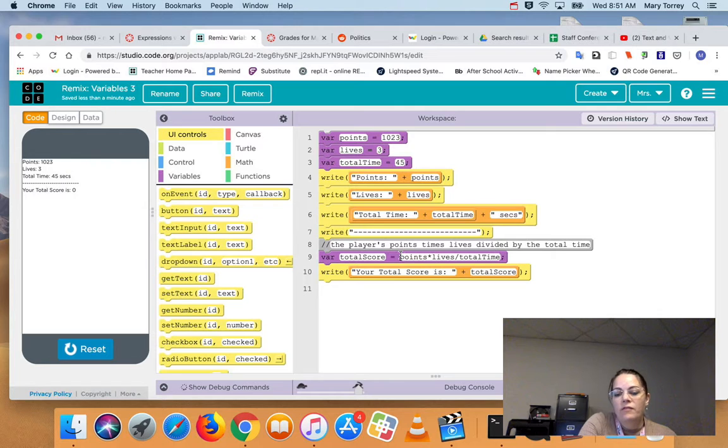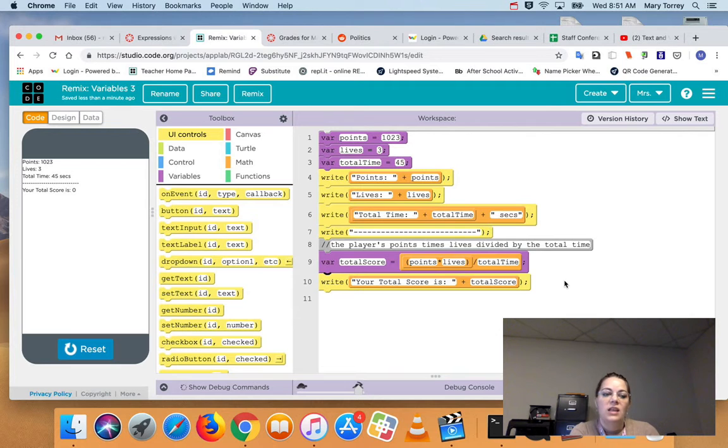Again, we can have some parentheses in here so that it does what's in parentheses first. But multiplication and division have about the same weight, so it should work either way. And so there is our total score of 68.2.